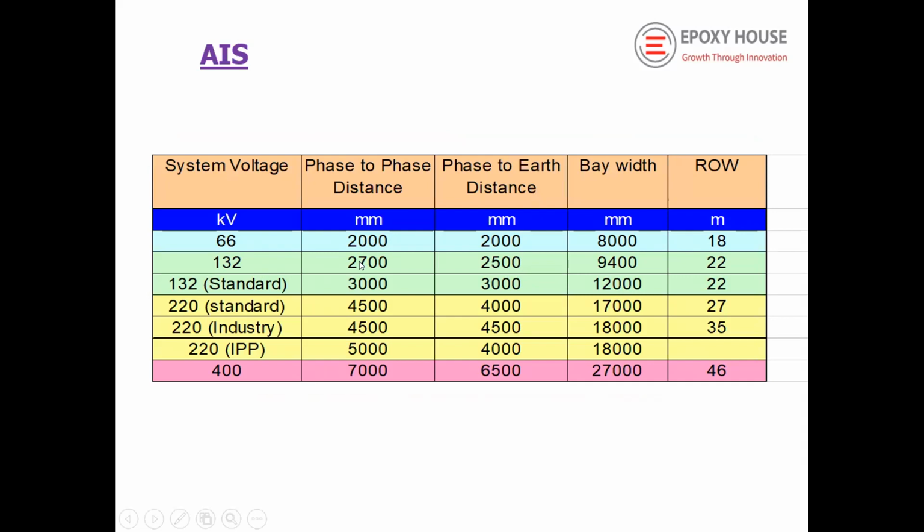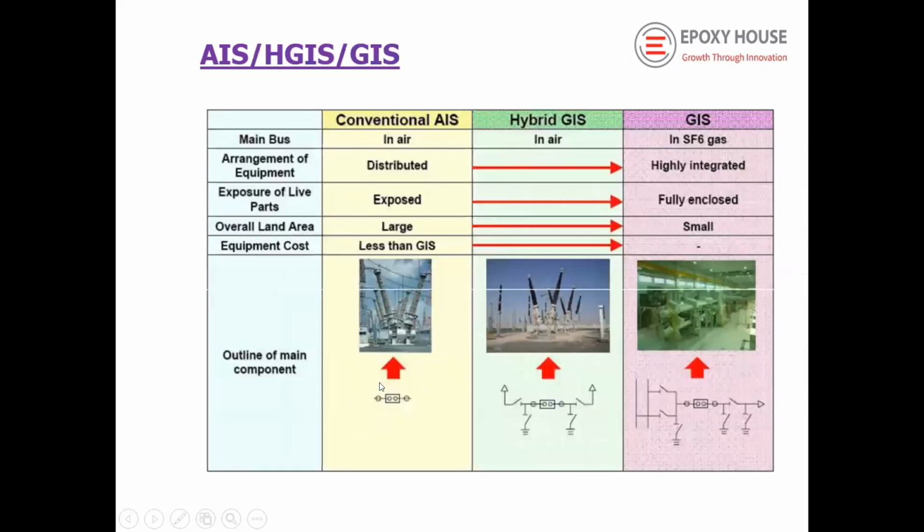These numbers are to give a feel of why the GIS is required, to have the smallest dimension. That's why the numbers are shared with you. For 132 kV, it's about 22 meter, for 220 kV about 35 meter width is required one way, and for 400 kV it's about 46 meter. Clearance between the face-to-face is about 7 meter.